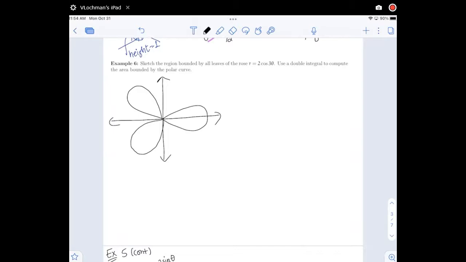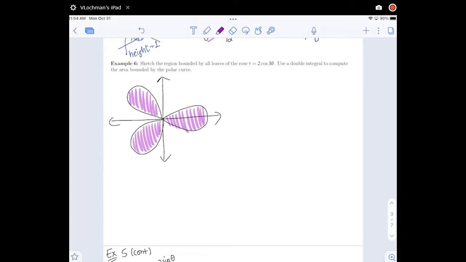And it's asking us to compute the area bounded by all of these, right? Now they are symmetric, or they're not symmetric. They are the same. So these three leaves are the same, which means if we just find one, we triple the result, and that's going to be all of it.